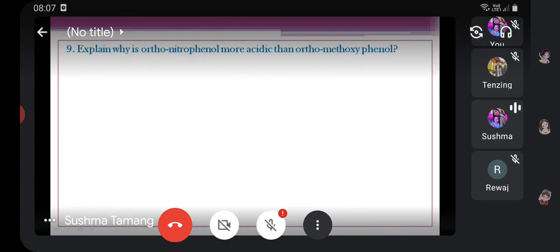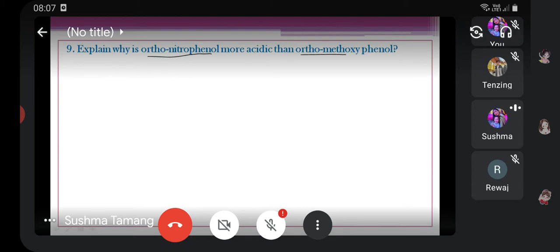Now the next, for seven marks: explain why orthonitrophenol is more acidic than orthomethoxyphenol. Same thing. If an electron withdrawing group is present, it is more acidic. If an electron donating group is there, it is less acidic.